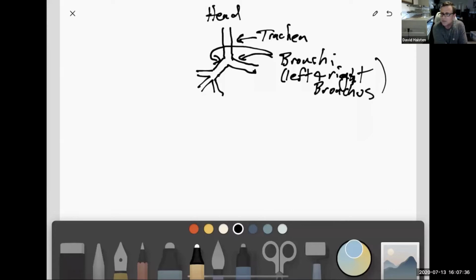Then the passageways are going to split into lobar bronchi.